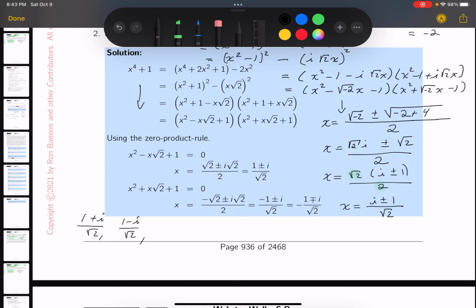And I'm also going to get minus 1 plus i over root 2. And I get minus 1 minus i over root 2. Right? This one here is i plus 1 over root 2. And the other one's going to be i minus 1 over root 2.